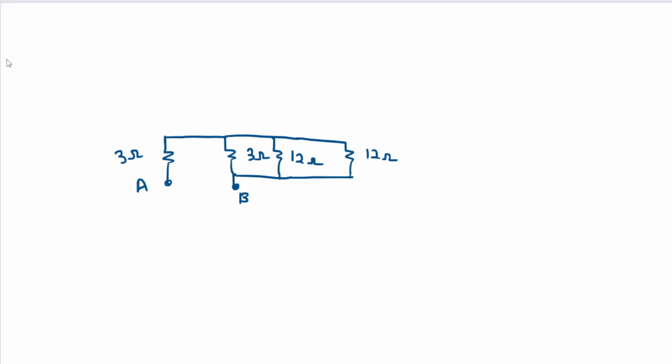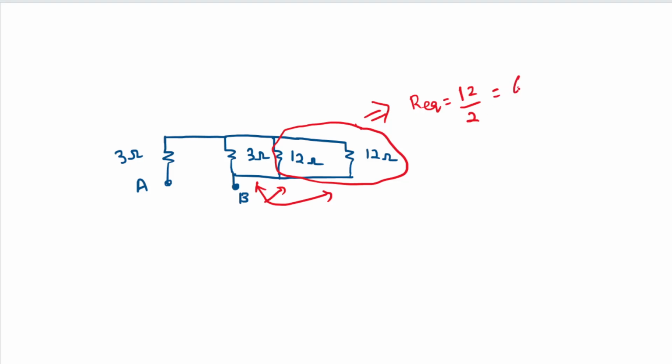So let's solve it. We can see that the three resistors, 3 ohm, 12 ohm and 12 ohm, are connected in parallel. For the sake of simplicity, let me first reduce these two resistors as they are of the same value. R equivalent will be R1 R2 by R1 plus R2, and as these are similar, this would be 12 by 2, which is 6 ohms. And then this is further connected to 3 ohm in parallel.